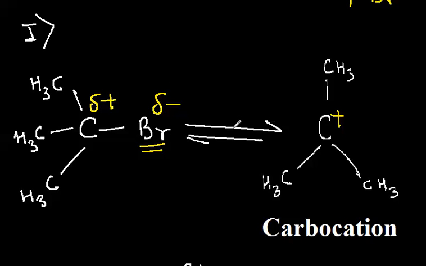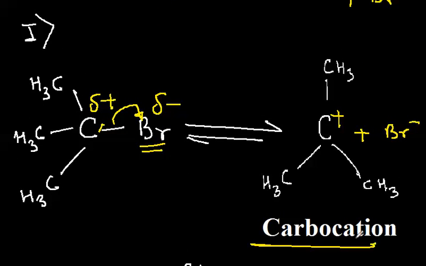And in presence of a solvent, these two ionize or dissociate, and here this Br becomes negative completely. This Br is taking this electron towards it, and because of that this carbon has lost its electron to this Br, therefore this carbon is now positively charged, and we call this type of species a carbocation.